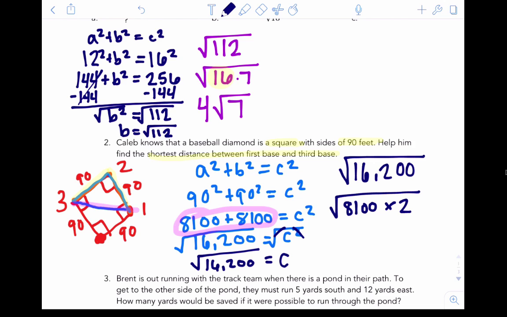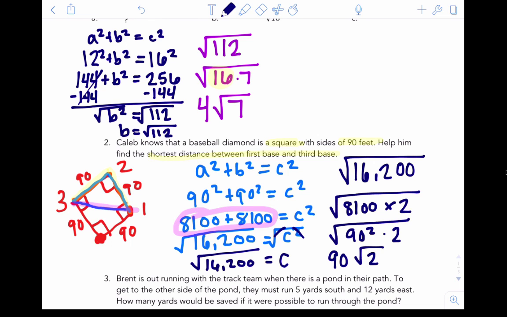And I know that 8,100 is 90 squared times 2. Square root of 90 squared is 90, and I'm left with a square root of 2. So my answer is 90 times the square root of 2.